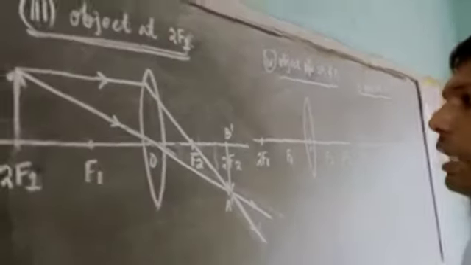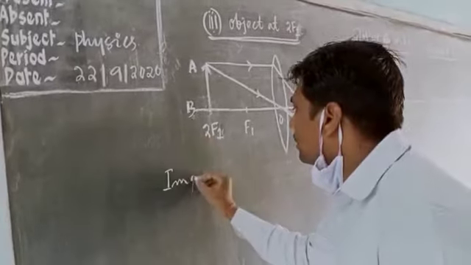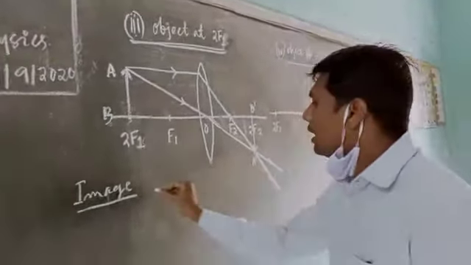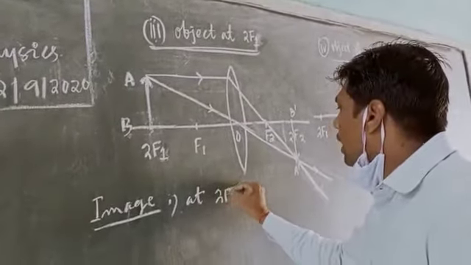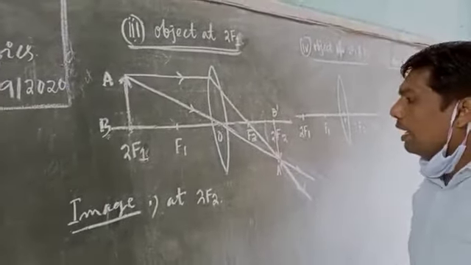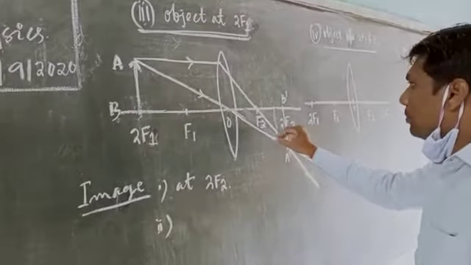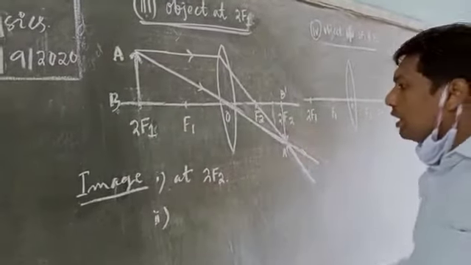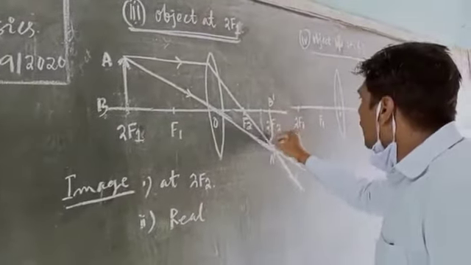So see here, what is the nature of the image? First, the image is created at 2f2. Clear? Image is created at 2f2. Second, nature: because the refracted rays actually intersect each other, it is real, and third, it is also inverted.